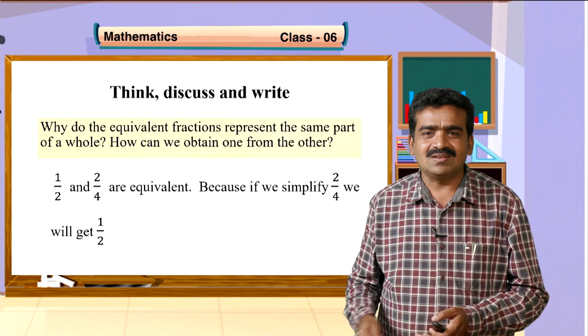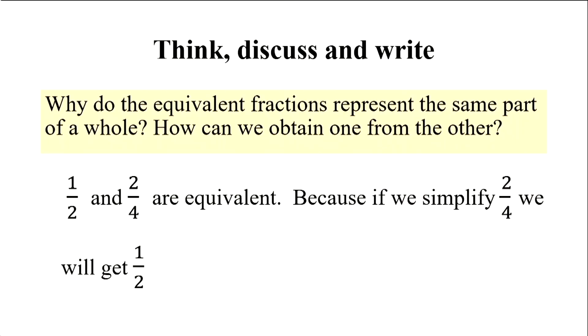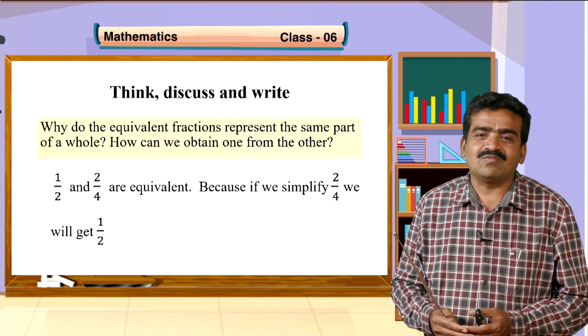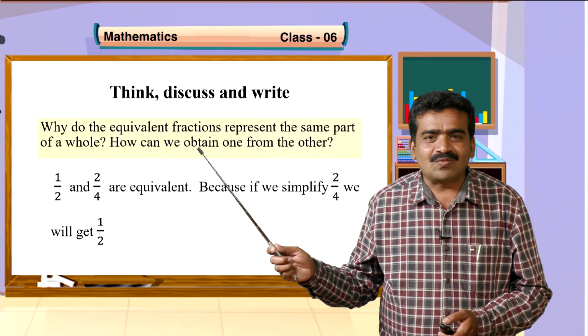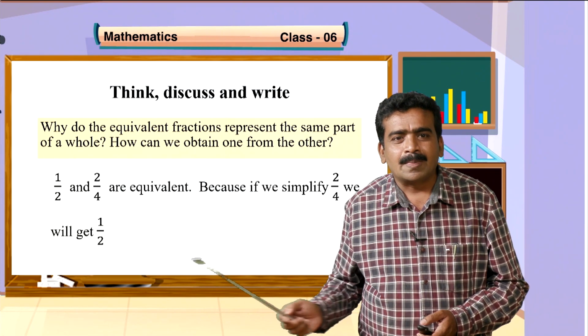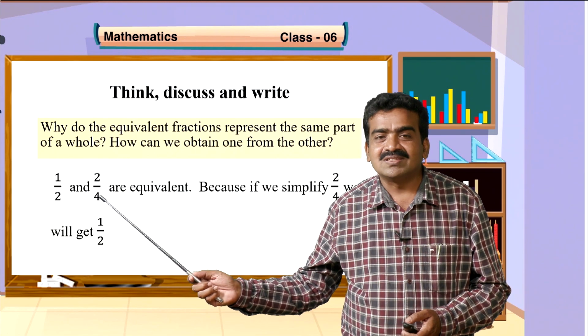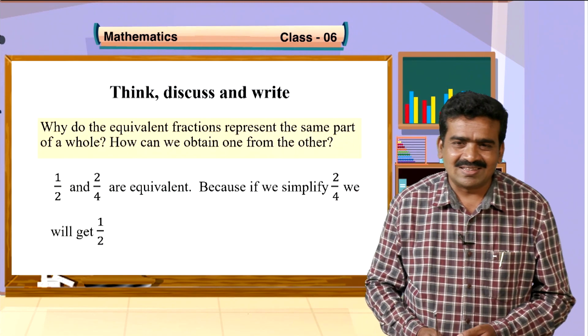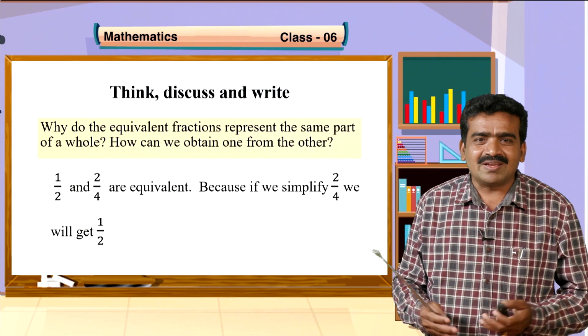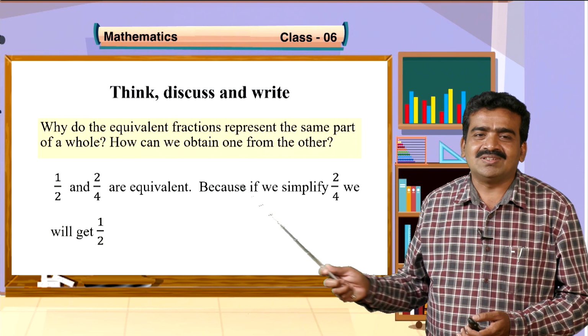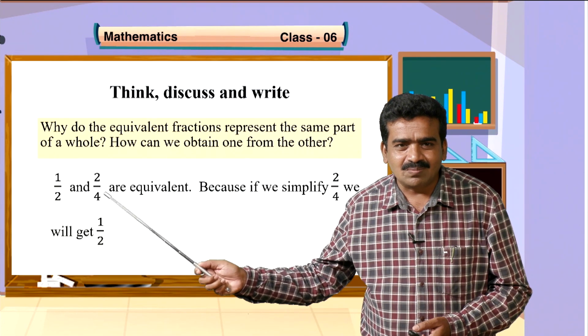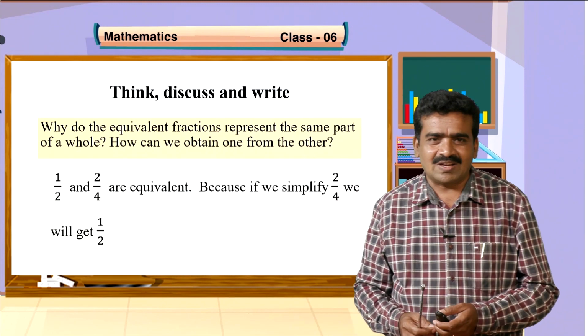Look at the example. 1 by 2 and 2 by 4 are equivalent, because if we simplify 2 by 4, we will get 1 by 2. Therefore, one is obtained from the other. So, equivalent fractions represent the same part of a whole, because when we simplify the fractions, they give the same value. That is why. And how can we get one from the other? In the case of 2 by 4, if we simplify, we will get the first fraction.